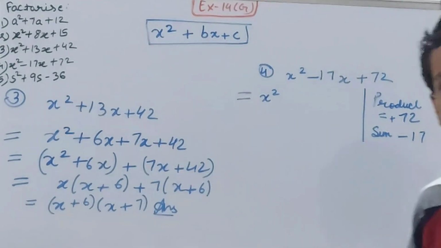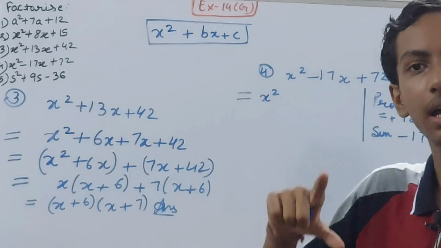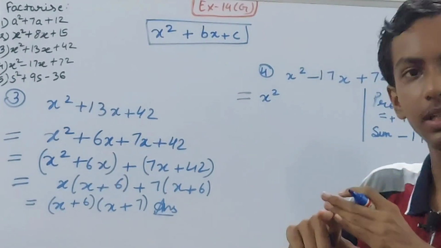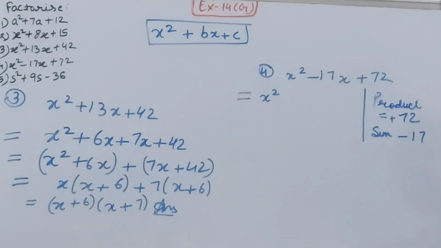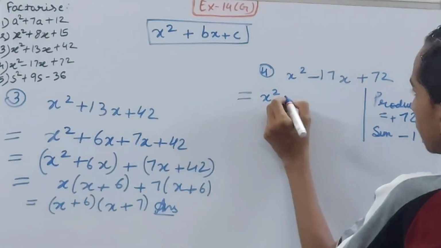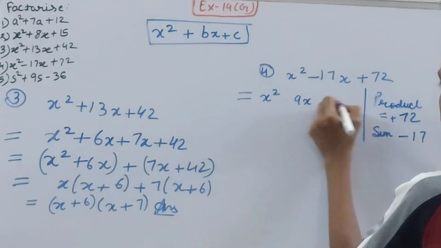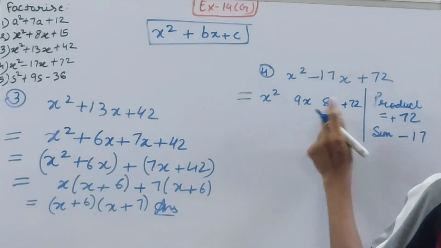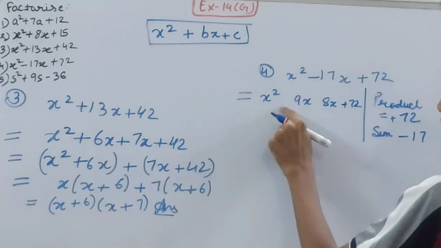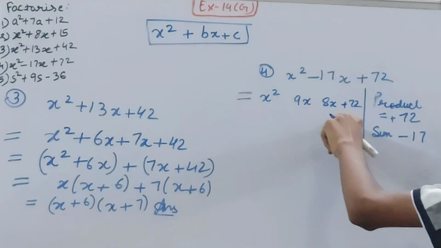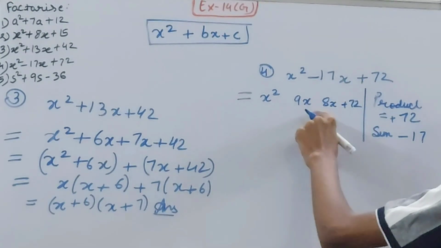Now we have to change some signs here such that we get 9 and 8. Their sum is coming out minus 17. See here. You write here 9x. You write here 8x. And you write plus 72. This is clear. We are not putting sign for the middle terms right now because plus 72 is plus only, but their signs have to be changed.